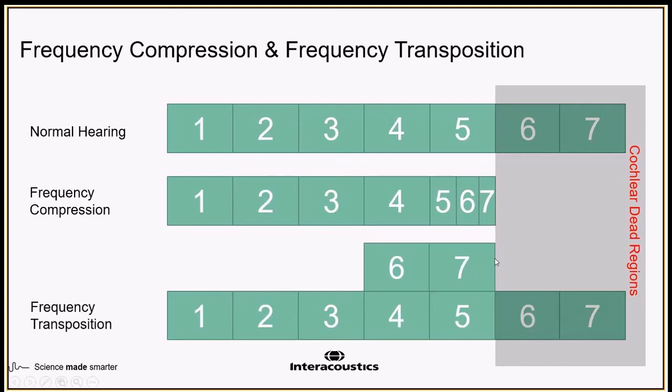And we add these in this scenario here, but we're also affecting 4 and 5. Yes, this is distortion, but ultimately we're providing audibility of these areas that were previously inaudible to them before. And actually, this is more of a preference. So it's completely up to the patient as to whether they feel that this is useful or distracting.